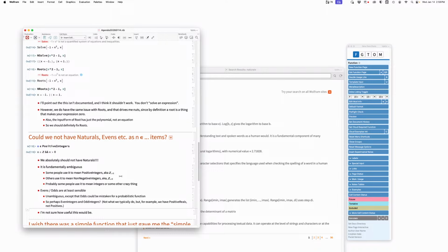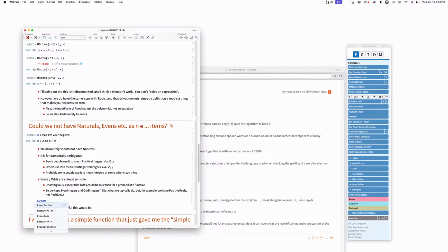Look, I agree with you. Odds doesn't make sense. We should do even integers, odd integers. Okay, let's just have those.